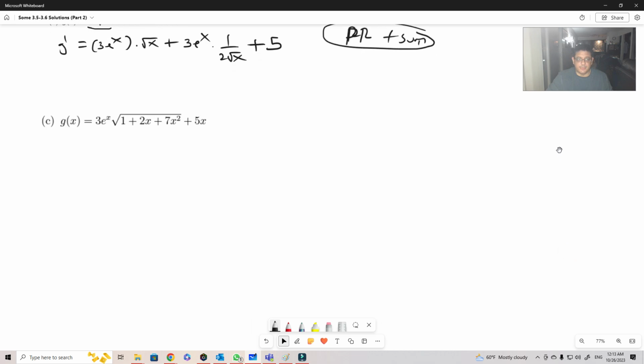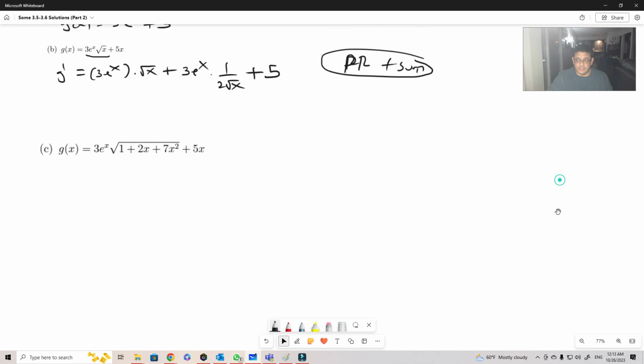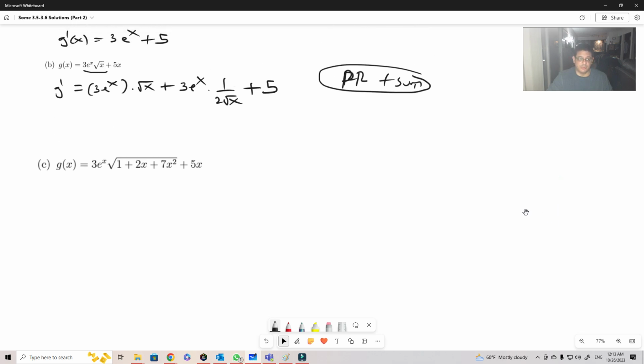Last, one example of a product rule combined with a chain rule. So notice that this is similar to what we have here. So it's going to have a similar structure. It's just that now this square root of x is composed with something else.